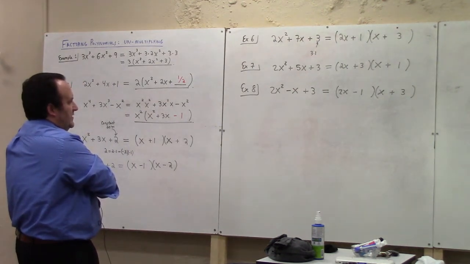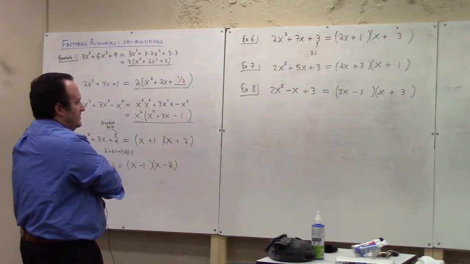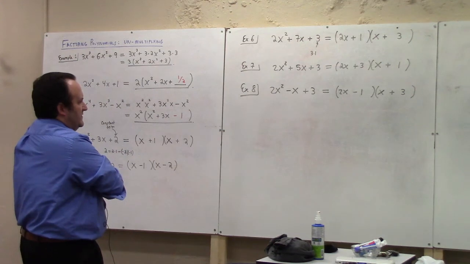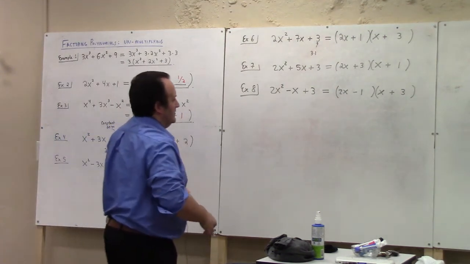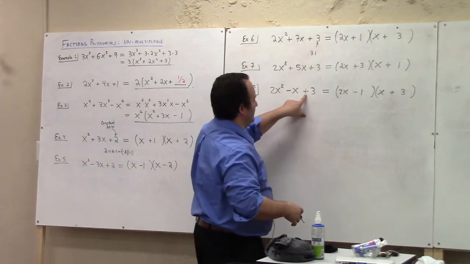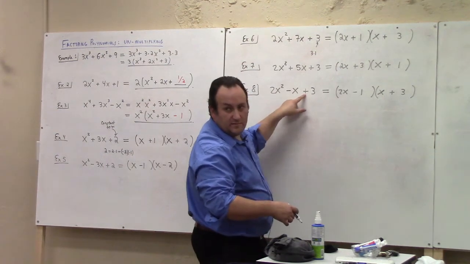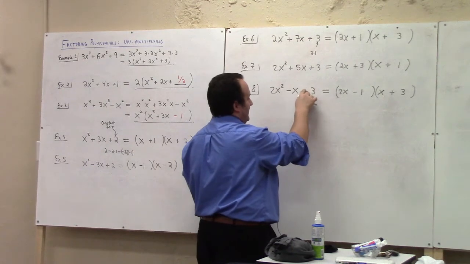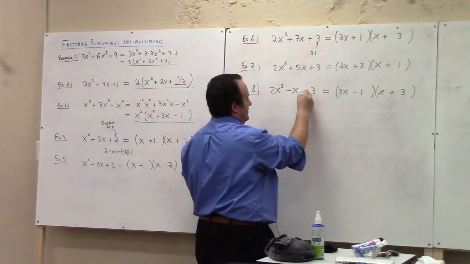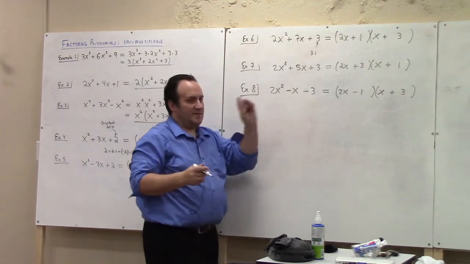But how did I get a 5x down there? Oh, dummy. Plus 3. I meant to put a minus 3 here, guys. I'm sorry, let me start again here. I was thinking of it as minus 3. Without putting a minus there, I don't think the problem is nice.